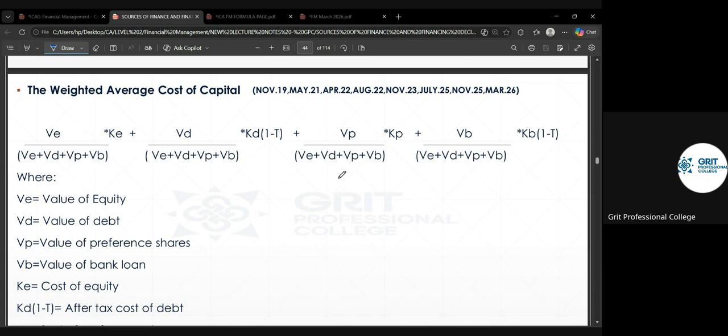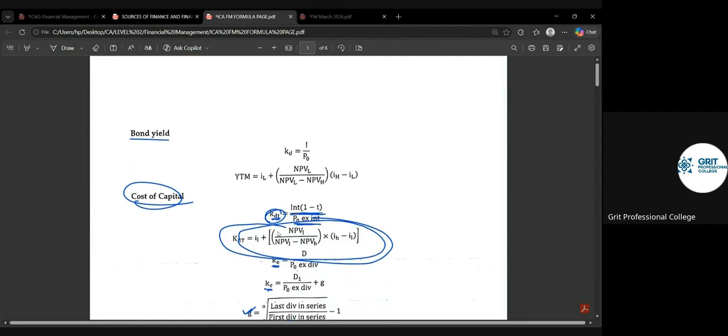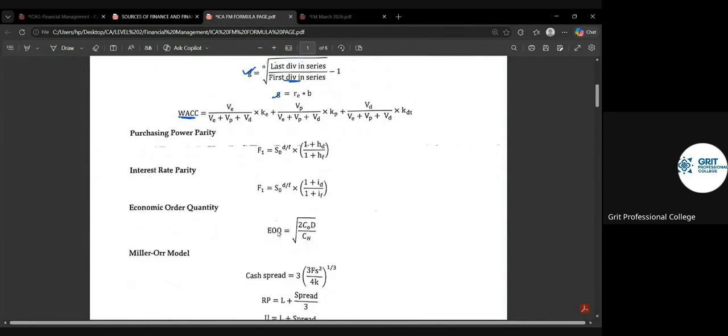So the formula is going to take you through what the cost of the various capital sources are, and then we weight them. By weighting, we want to find their average. Now, the formula you are going to see in the formula sheet to help you calculate that is this.